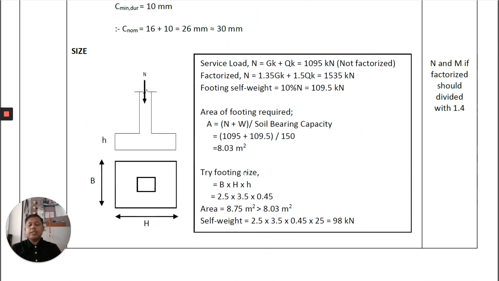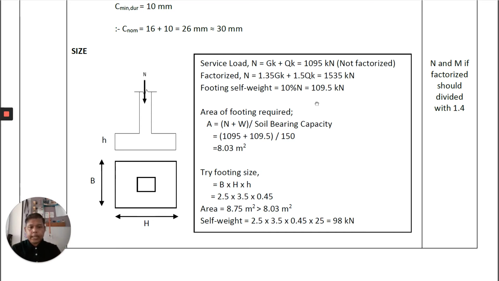The next process is to determine the size of the footing. First of all, you have to understand this condition. In order to determine the size of your footing, it is not supposed to be based on the factorized load. Therefore, you have to calculate based on unfactorized loading.